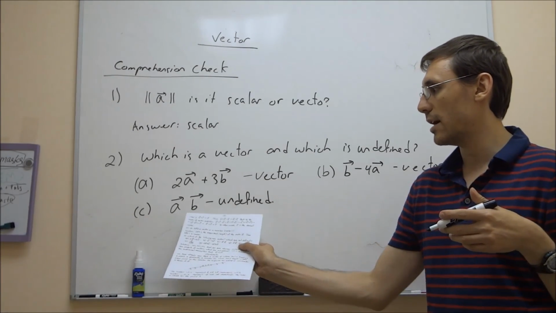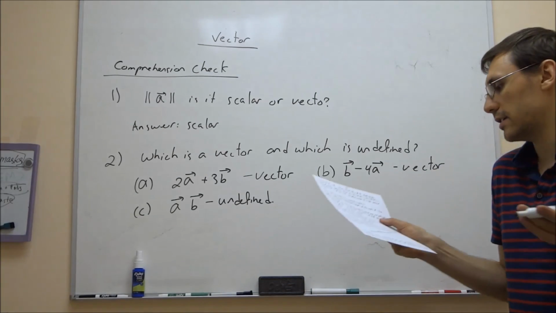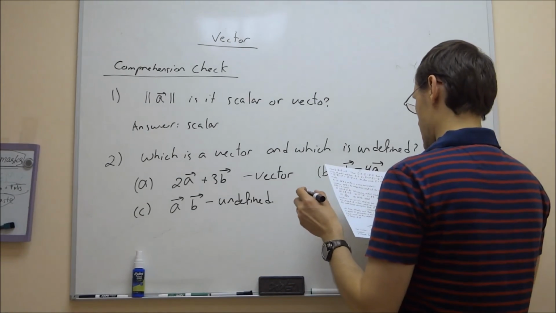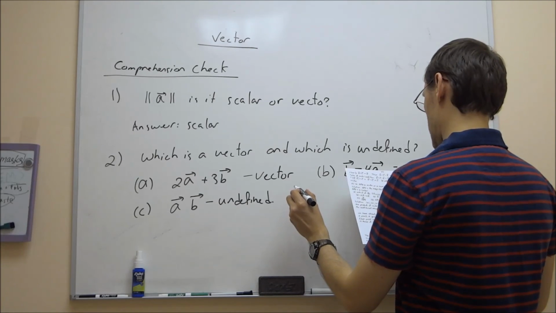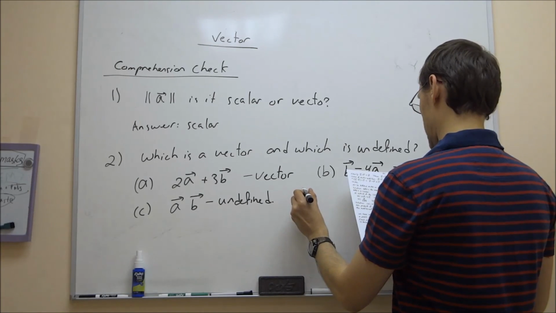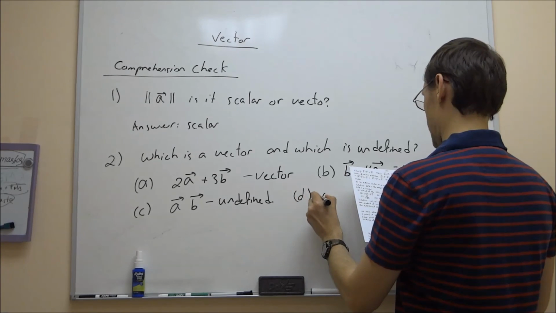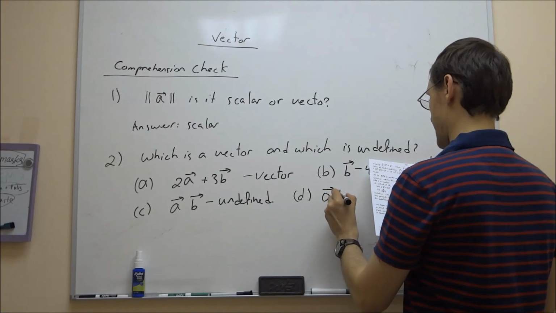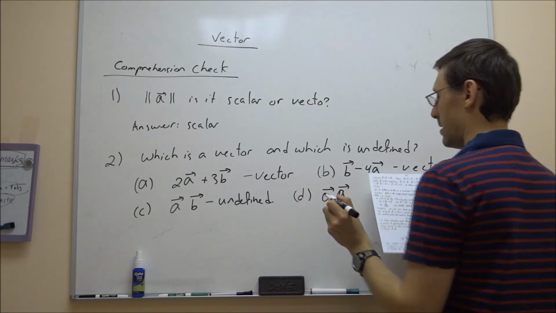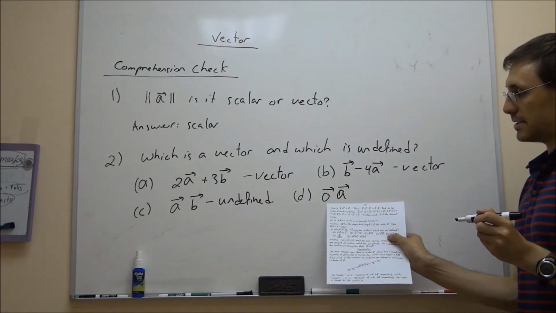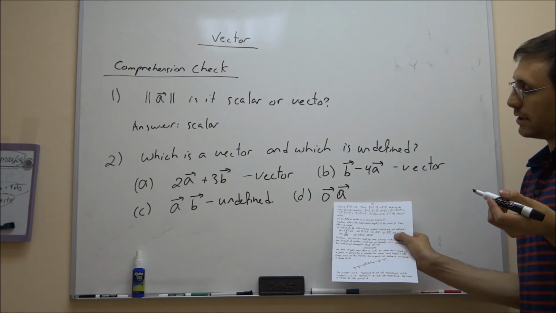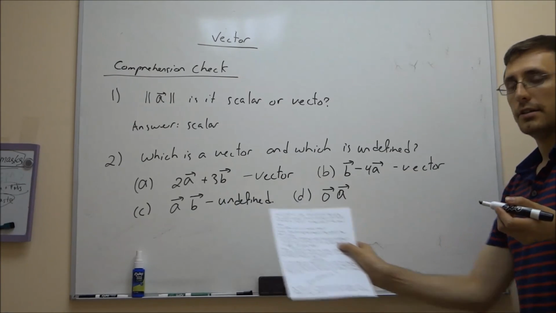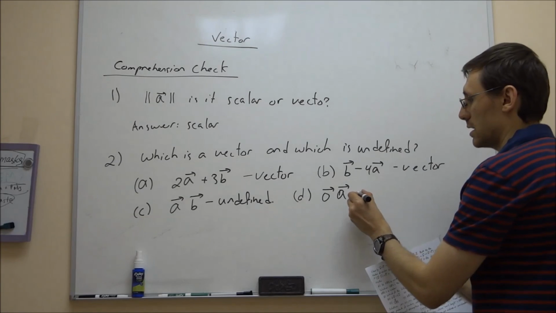This is just some vector A multiplied by the vector B, and we haven't defined it. How about D? Again, this is a zero vector, and this is just some other vector, and we haven't defined a product between any two vectors. So this is again undefined.